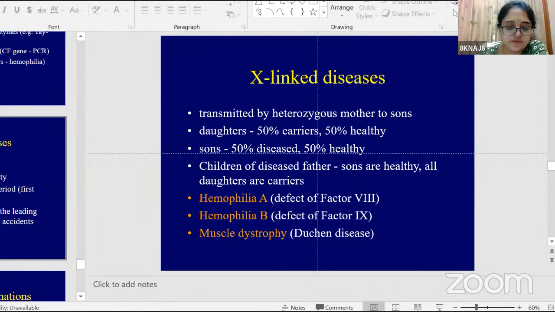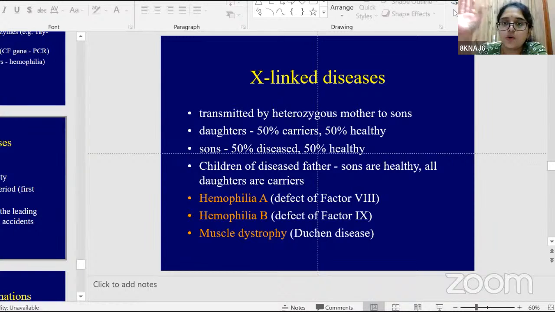The Y chromosome, we have already seen the sizes of all the chromosomes that are present. This small portion of the Y chromosome codes for something known as the testis determinant factor. In case there is a Y chromosome, you know that it is always going to be transmitted from male to male.